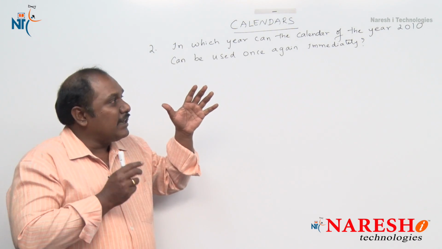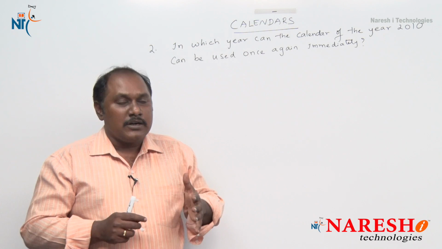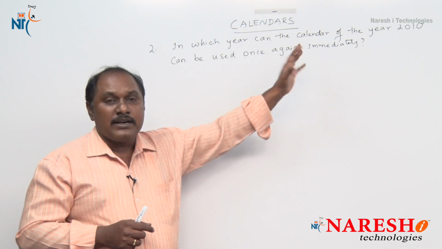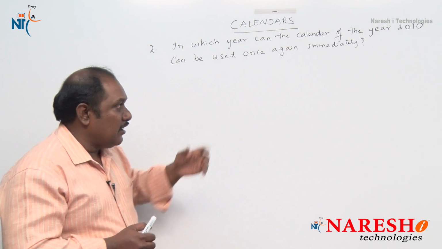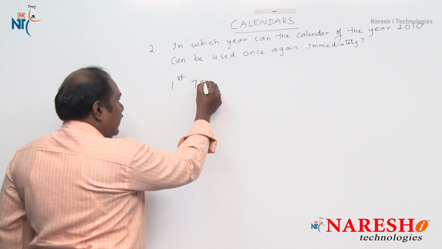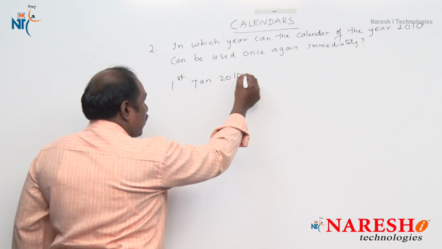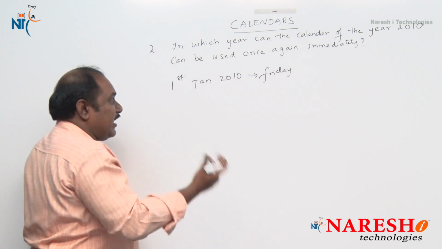All the dates and days should be the same. In other words, on which day does 1st January 2010 fall? 1st January 2010 falls on Friday. We need not know this day, we can take any day.